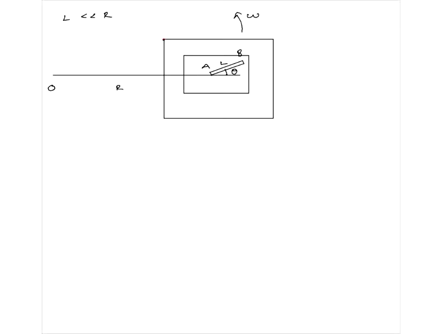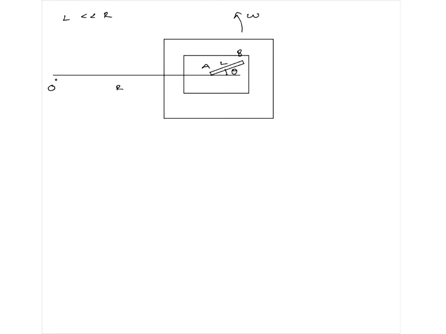Again, we have a big cabin. In that big cabin, there is a table, and that big cabin is revolving in circular path of radius capital R. In that table, there is a groove, and it is a smooth groove whose length is L, and L is much small in comparison to the radius.